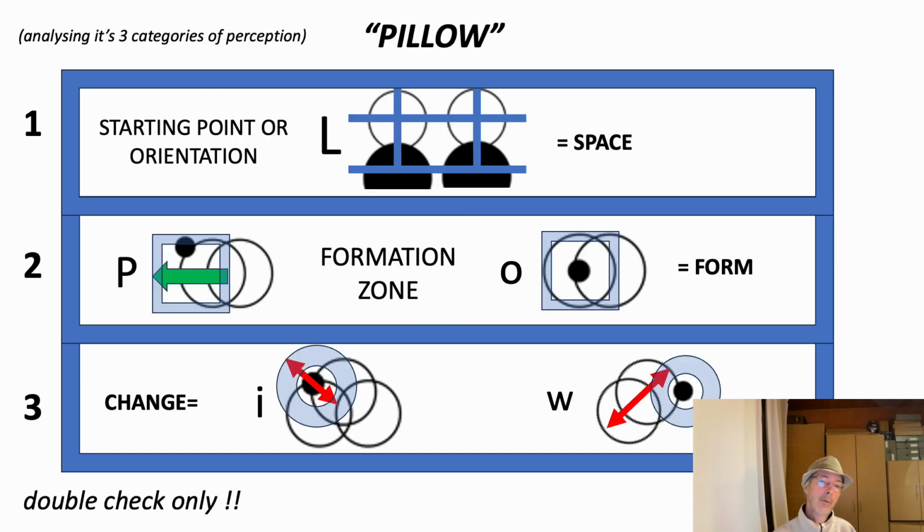So for pillow, we have also these three types of letters in it. The L is the spatial orientation. With the double L, you see which space it is. The P is in the formation zone, so you see something is pressed out into a different direction.